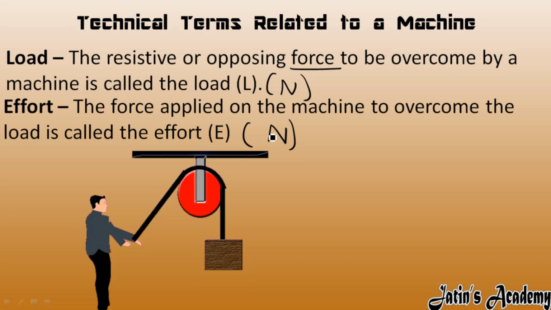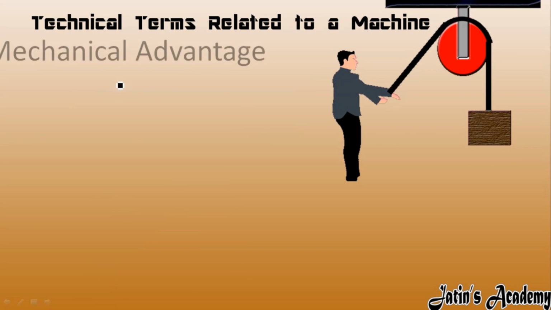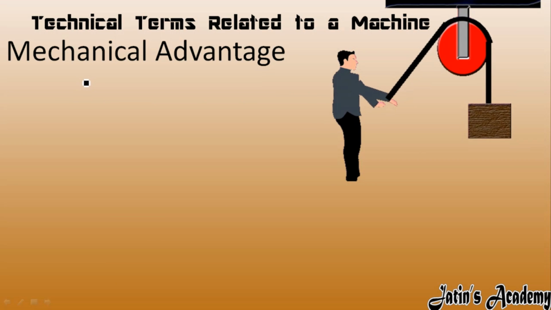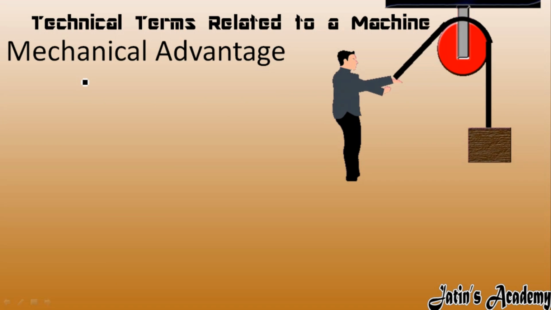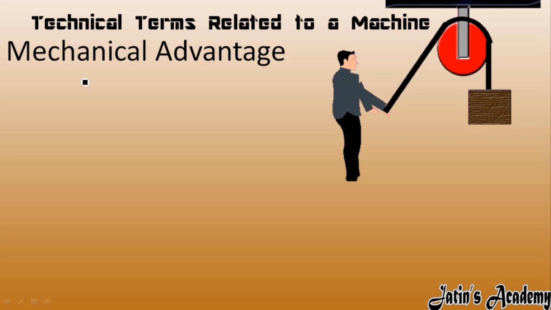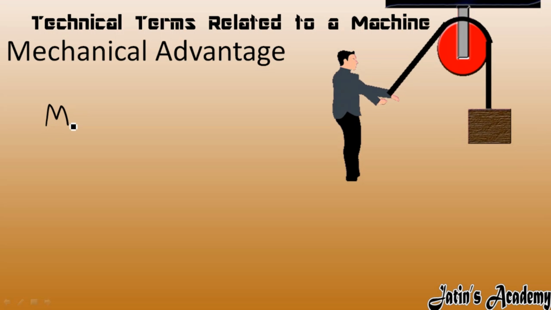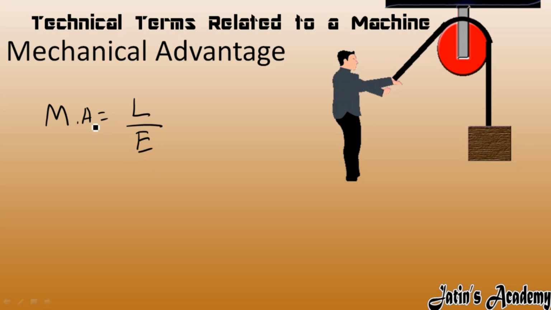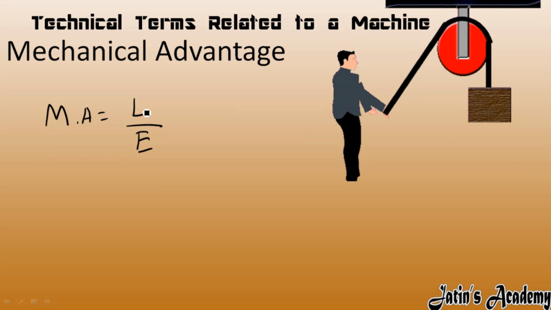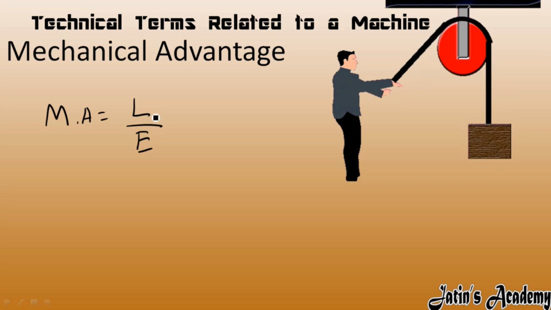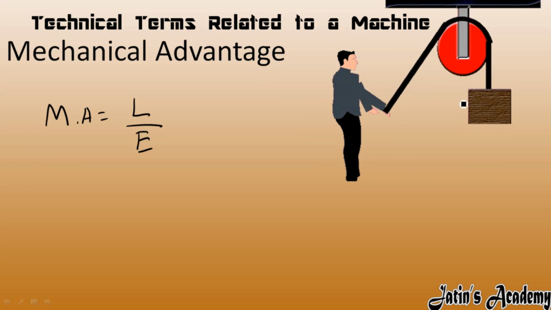Clear? Next term we have is mechanical advantage. Mechanical advantage means what advantage we are getting from this machine. The mechanical advantage formula is load upon effort, meaning how much load this machine is able to lift and how much force we have to apply on the machine so that it is able to lift up the load.